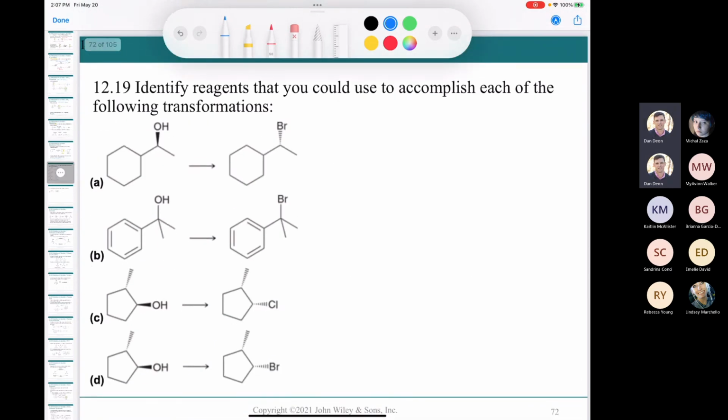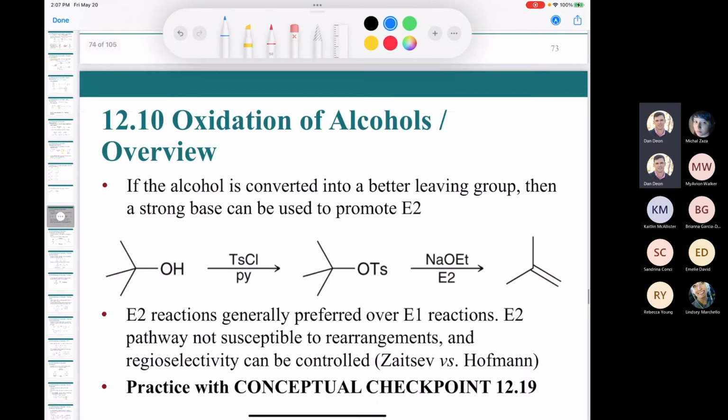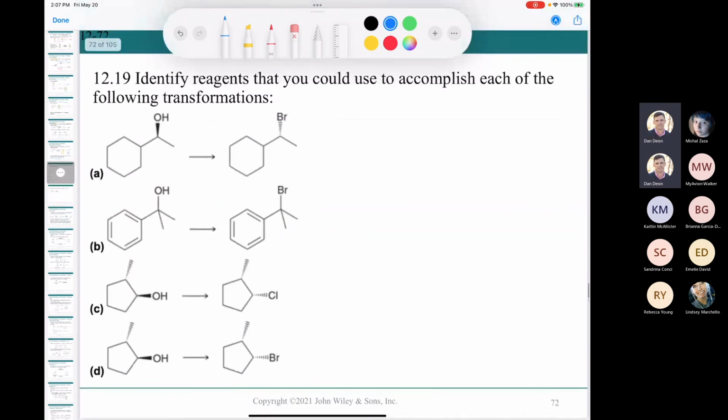Well, with all that information in mind, let's see if we can identify some reagents that we would use to affect these transformations. So 12.19a, we're taking a secondary alcohol and we want to convert that to an alkyl bromide. Well, does anybody have an idea of a way we could do that?